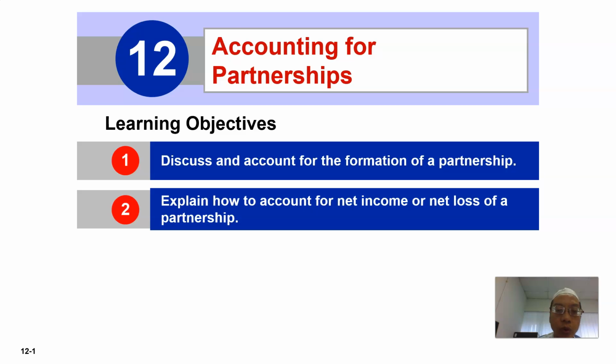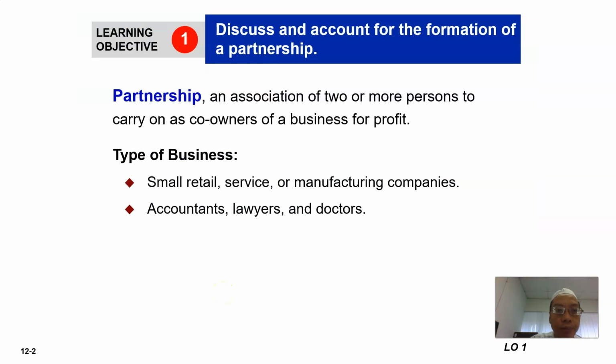But in terms of ownership, we have only been looking at sole proprietorship, where the business is owned by one person. But there are other types of ownership, and one of them is partnership, which we will be looking at in this particular topic. What is meant by partnership?